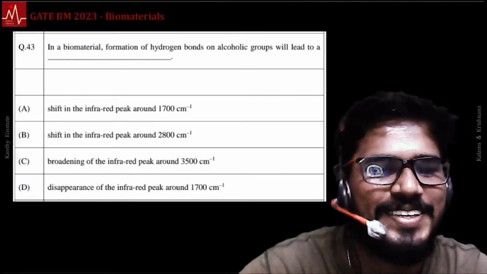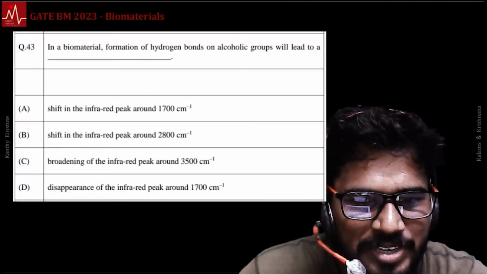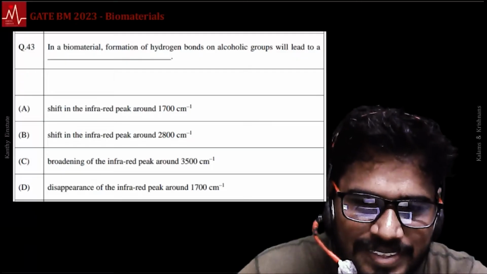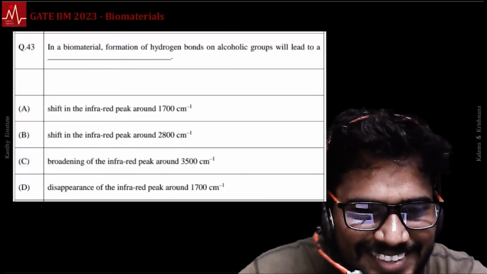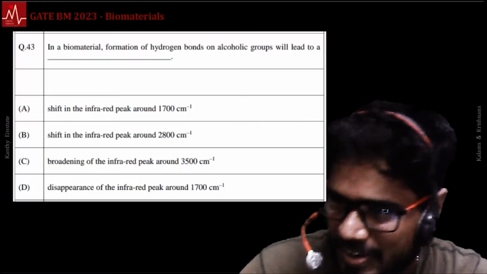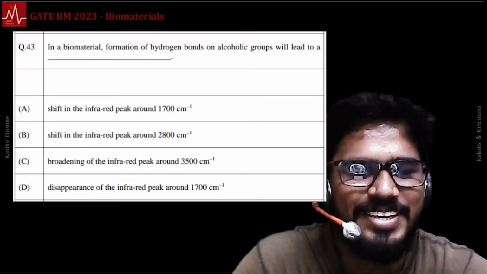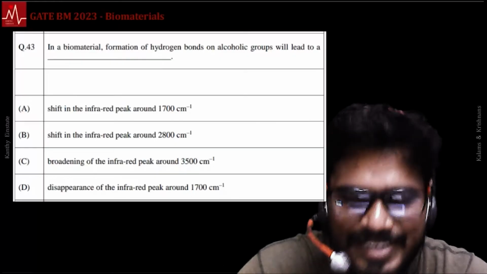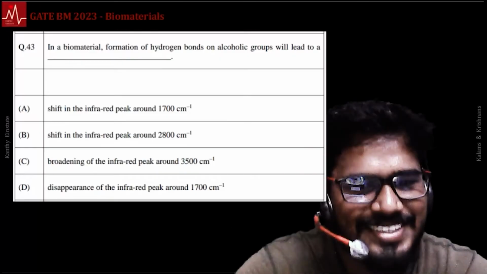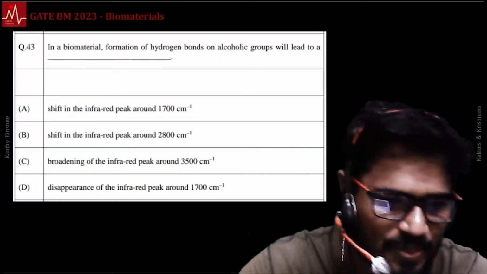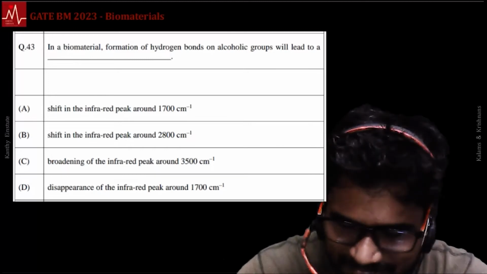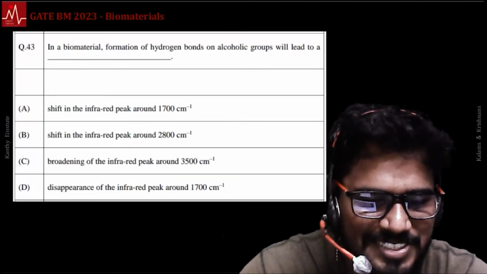This is a miscellaneous question. Biomaterial formation of hydrogen bonds and alcoholic groups will lead to a shift in IR peak. Say you're used to using FTIR, Fourier transform infrared spectroscopy, almost every day, and use it to see whether alcohol is there, what kind of chemical structure is there.